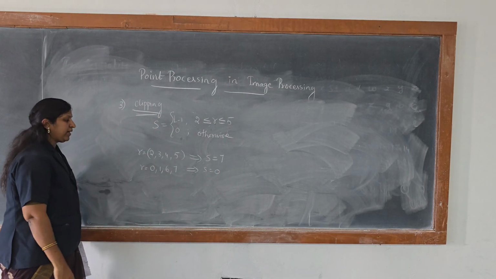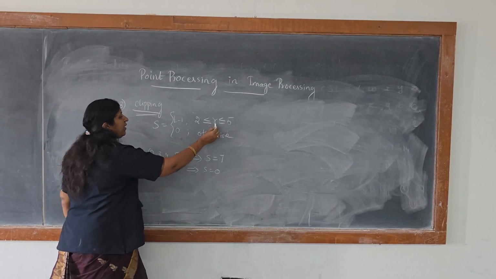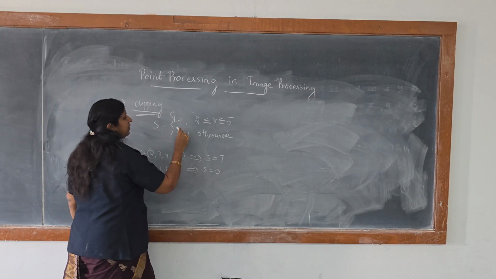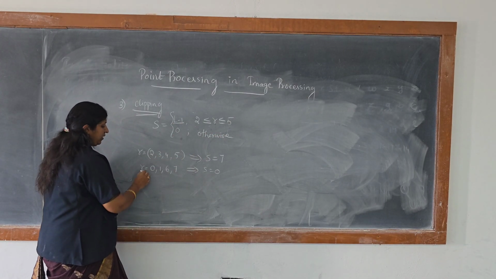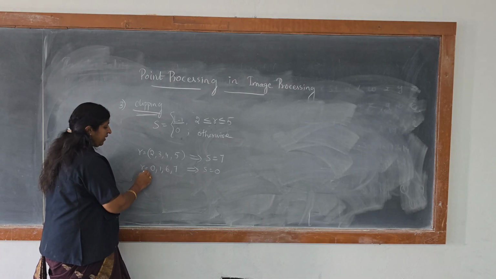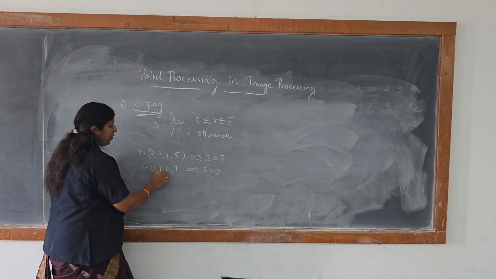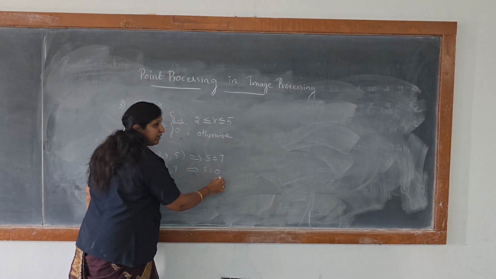So it's a simple relation: if R lies between 2 and 5, then the S value will become L minus 1. For all the remaining values, that is 0, 1, 6, 7, the S value will be 0.